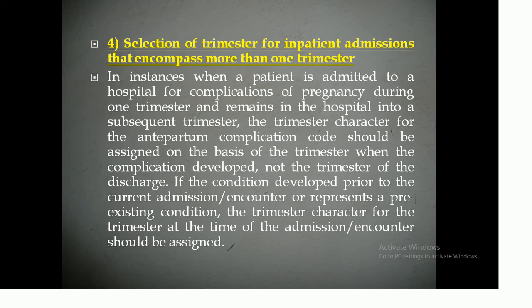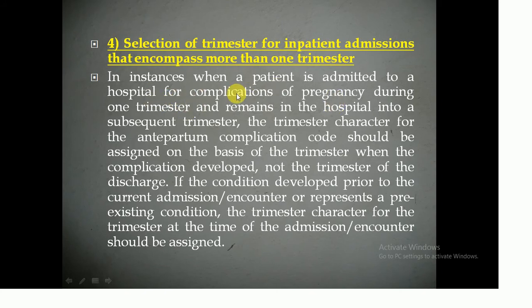We have to code hypertension complicating pregnancy, first trimester, because at the time of discharge she is in the second trimester, so we should not code hypertension complicating pregnancy, second trimester. We should not code the discharge time trimester. We have to code the admission time complication. At the admission, in whichever trimester she is, we have to code that complication.